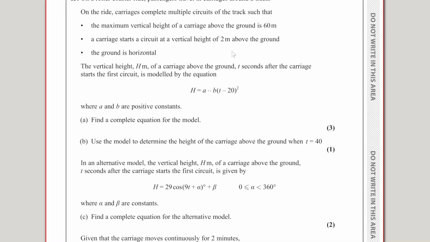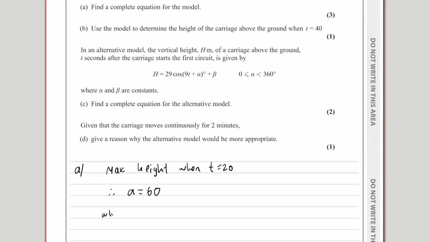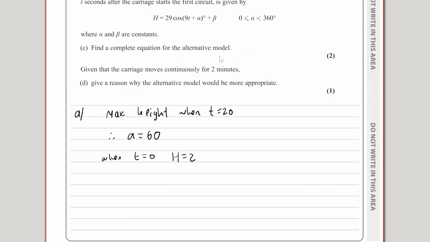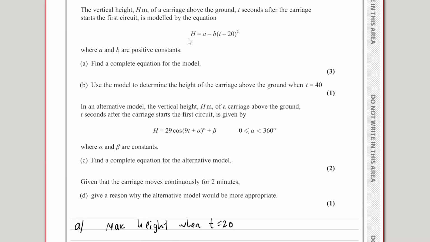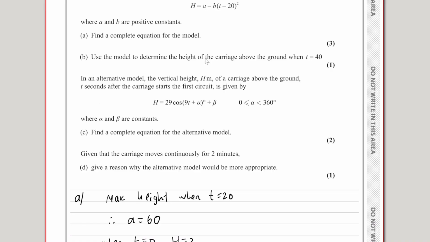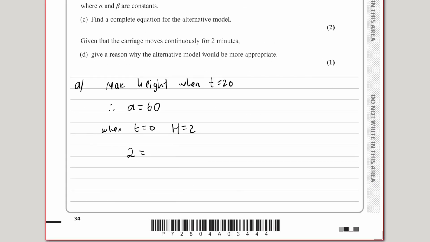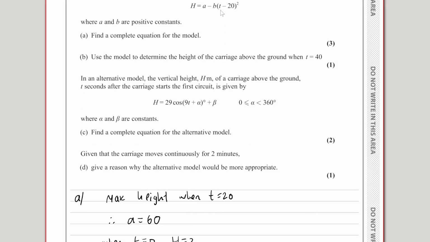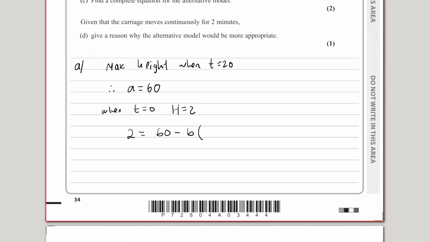We also know that it starts at 2. So when t is 0, h equals 2. So we have 2 equals a, which is 60, 60 minus b, times when t is 0, so negative 20 squared.